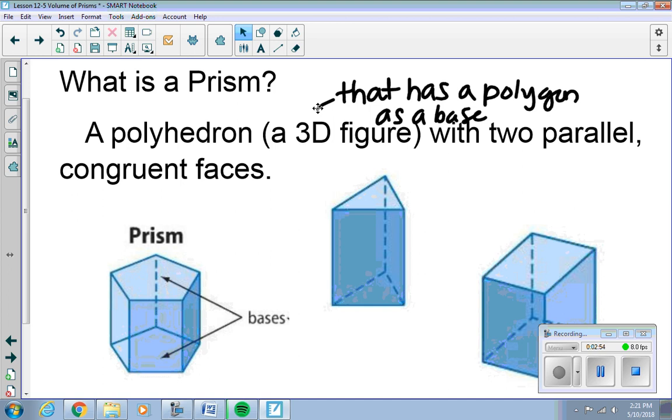You see that a lot with triangular prisms. They don't always sit on the base. If it sat on the base, this is what it would look like. Perfect square, so like a cube. Because for bases, you have to have two of them and they have to be across from each other. There's tons of bases in here. Same thing with this one right here.